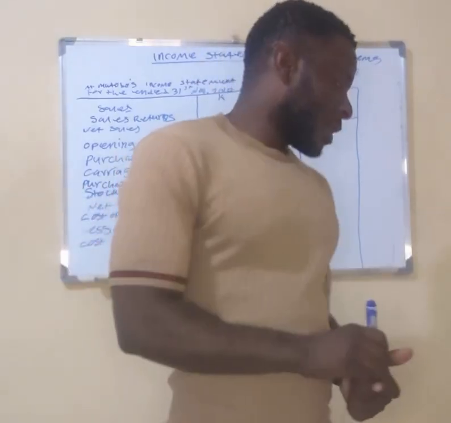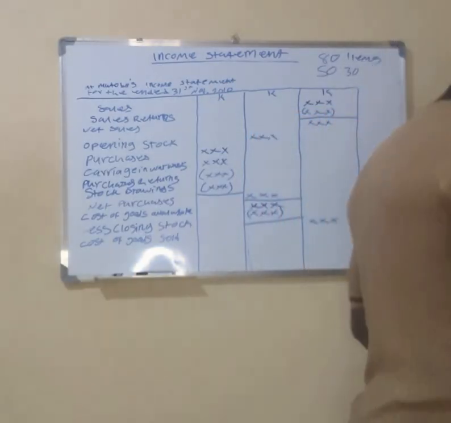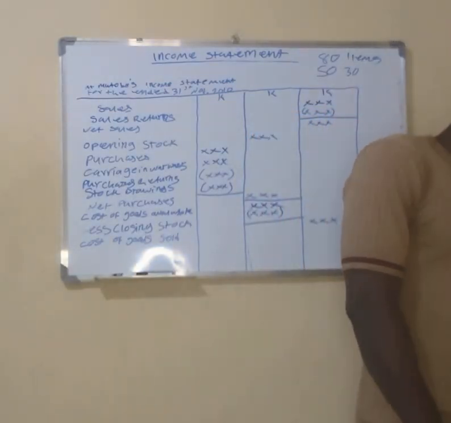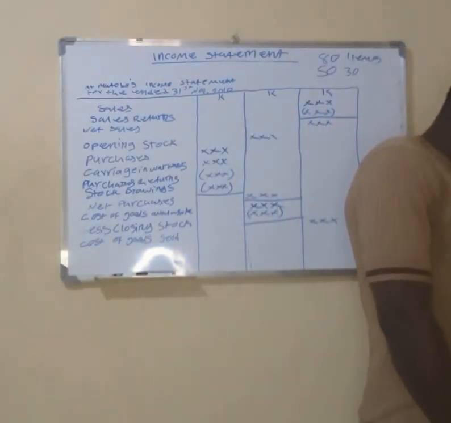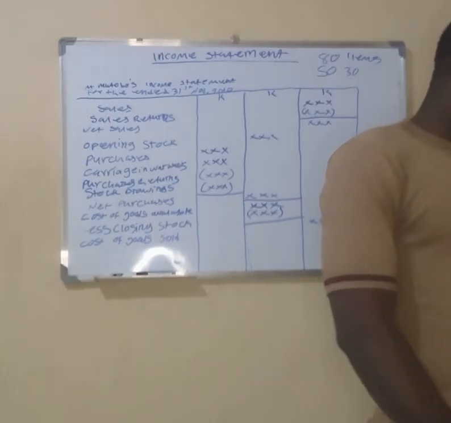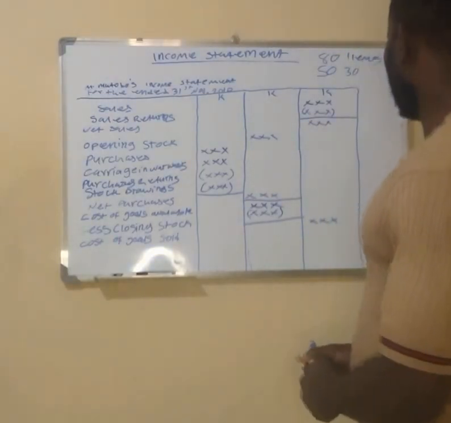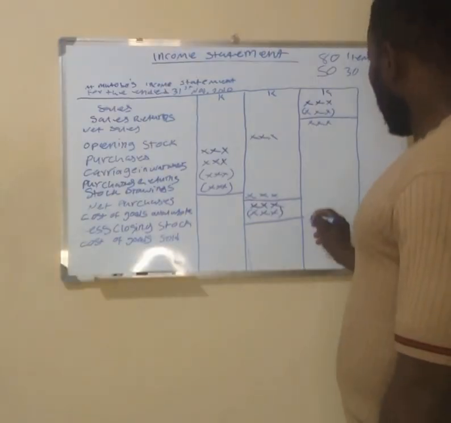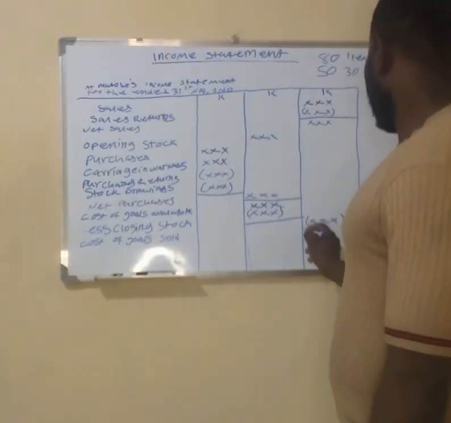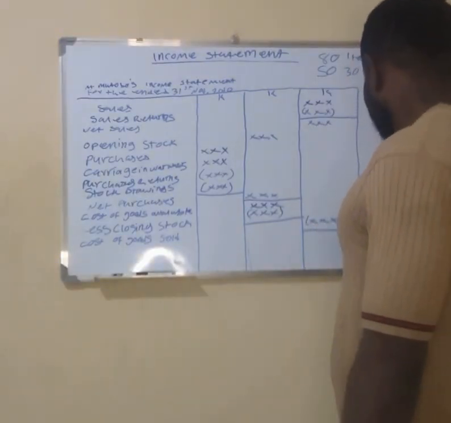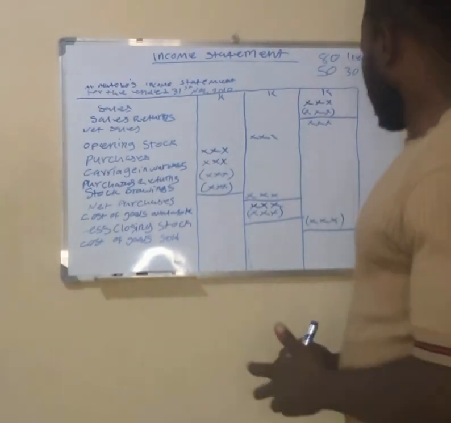So the cost of goods sold is now going to be subtracted from what? The sales.